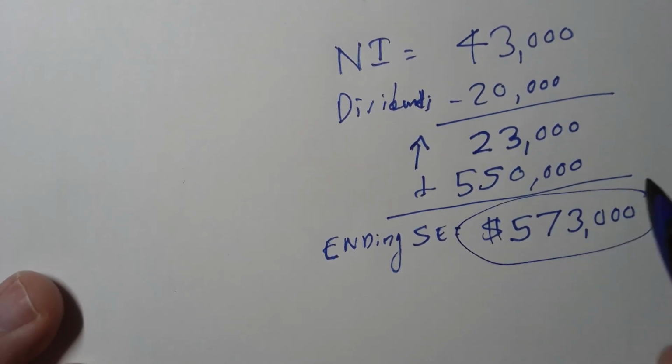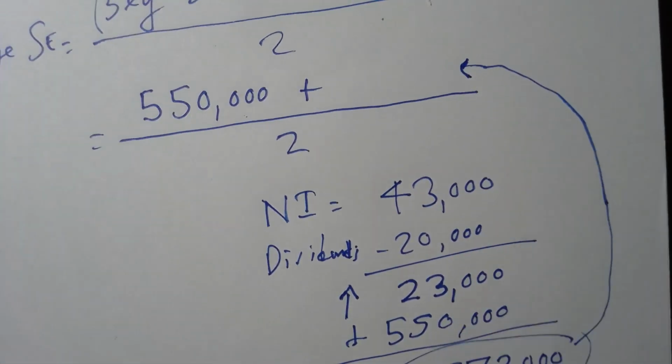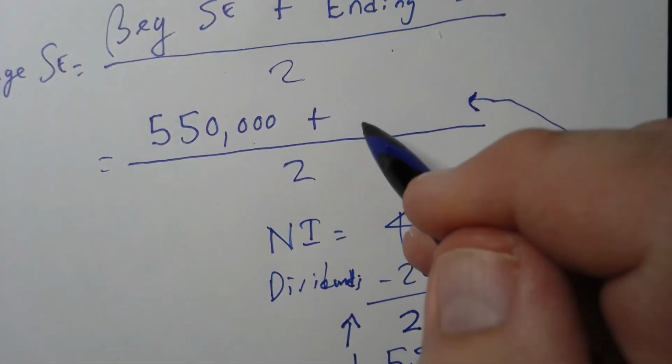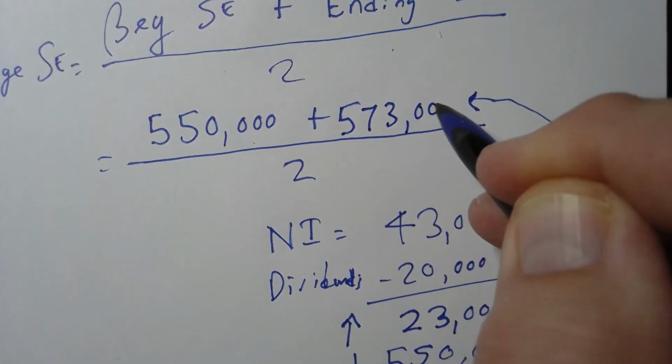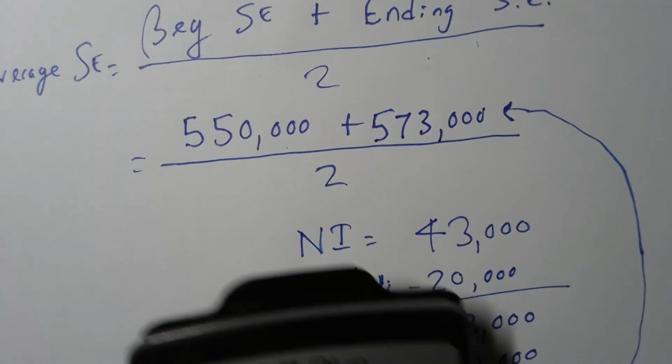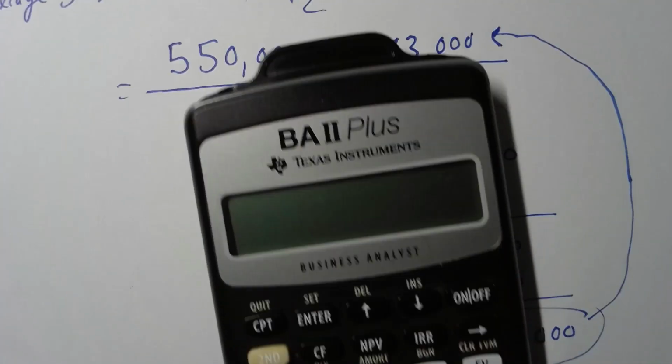We can take that number and place it back into our calculation up here to figure out the average shareholders' equity, $573,000. Let's use our calculator for this just to be sure we're correct.